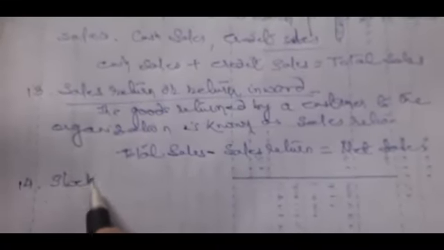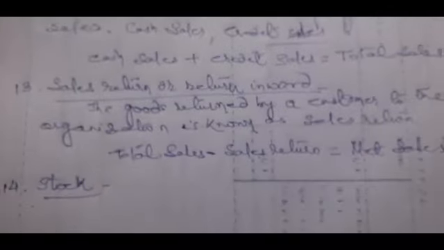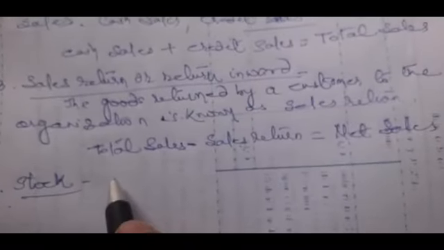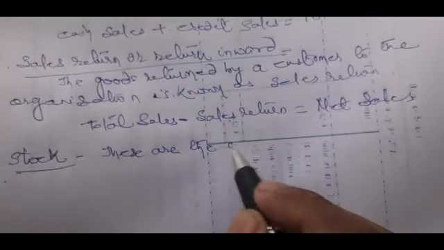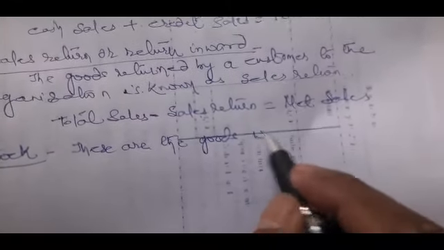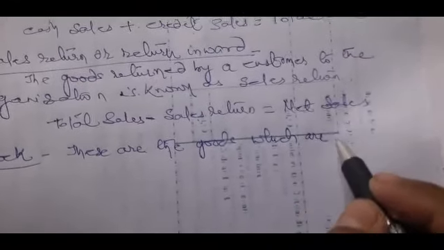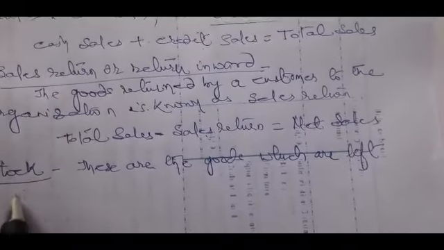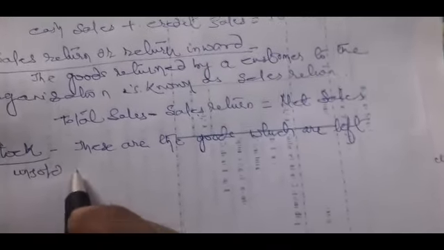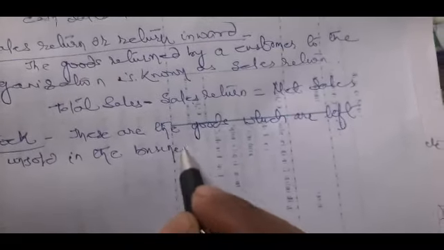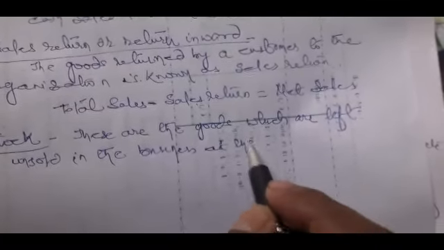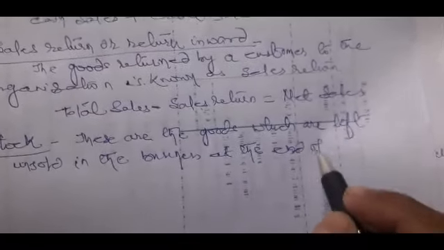Next important term used in accountancy is stock. Stock are the goods which are left behind, which is left unsold in the business at the end of the year.